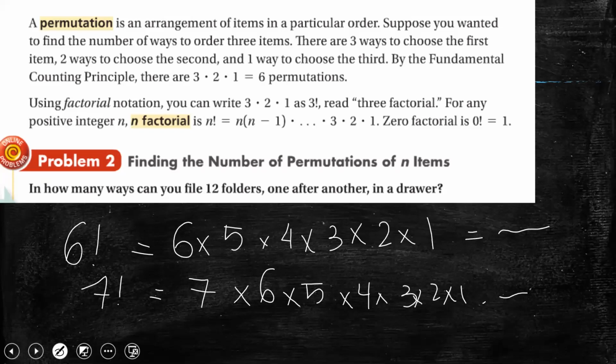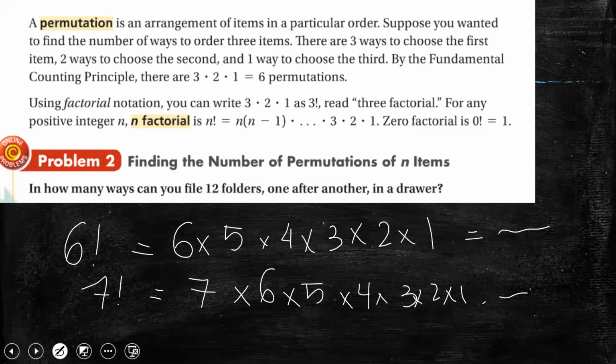Is it clear how to write the factorial? Yes. So 7 factorial, I write 7 and then I count back: 7, 6, 5, 4, 3, 2, 1. 6 factorial, I write 6, and then I count down: 6, 5, 4, 3, 2, 1, and so on.